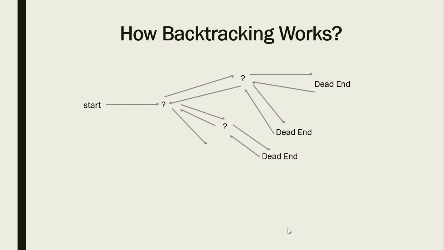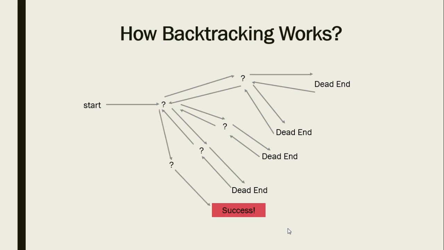One more possible path it is trying to discover. You can see this is again a dead end. No solution is found. It is trying for a new path. Again, it is backtracking to the starting point. Now, it is again trying to find a new path. And you can see here that the solution that we are going to find has been discovered.